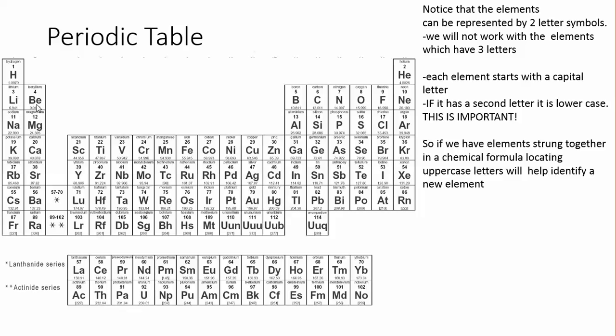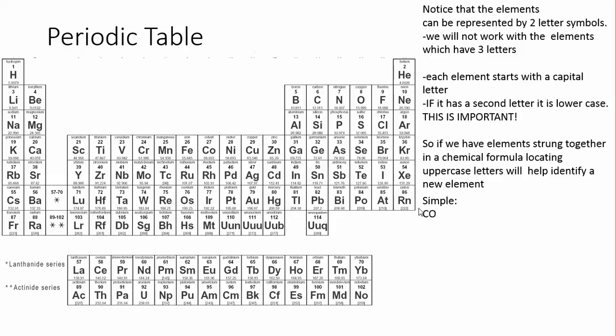Li, that's one. Be, that's one. Up, there's a capital N, that would be the beginning of my next one. So if I have a single letter, if I did boron, carbon, and nitrogen all together, notice they're all capitals. Those capitals tell me, hey, new element here. So think of it just like reading a sentence.